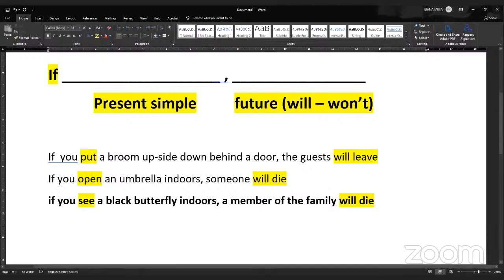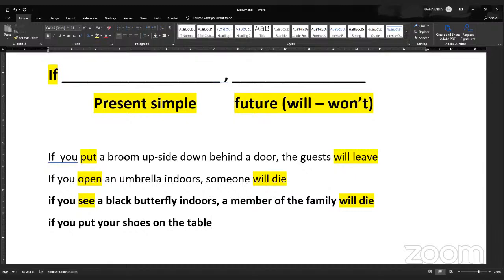And the last one. What about this one? What's the consequence of this superstition?